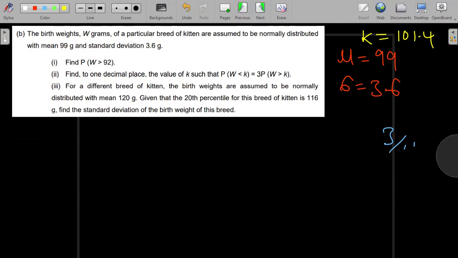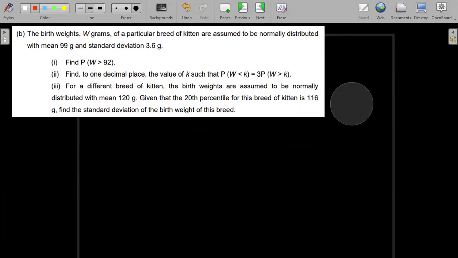Let's look at the third one. For a different breed of kitten, the birth weights are assumed to be normally distributed with mean 120. Here it's a totally different question because we have another mean.